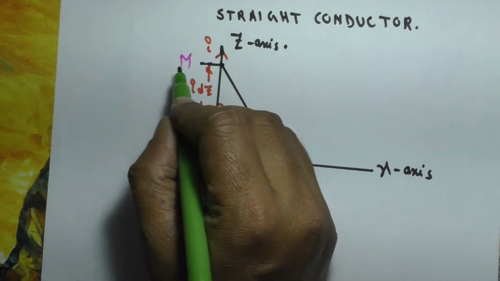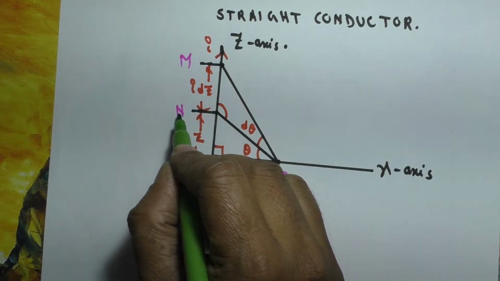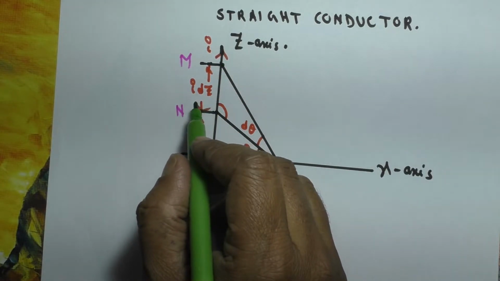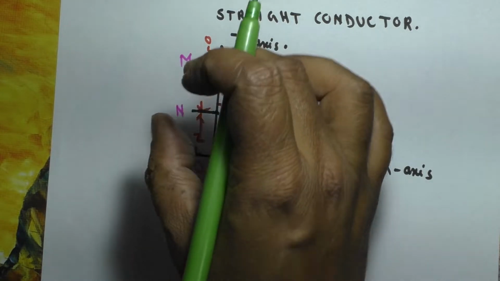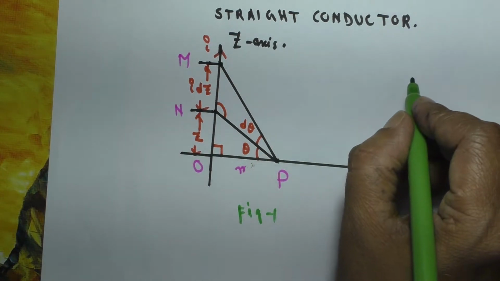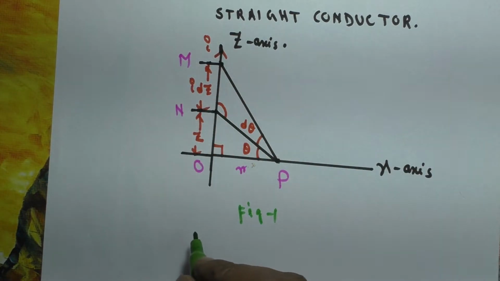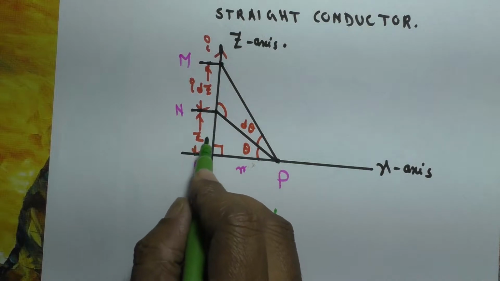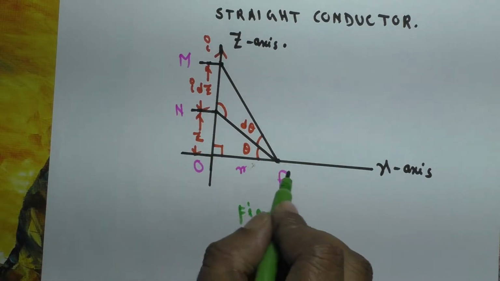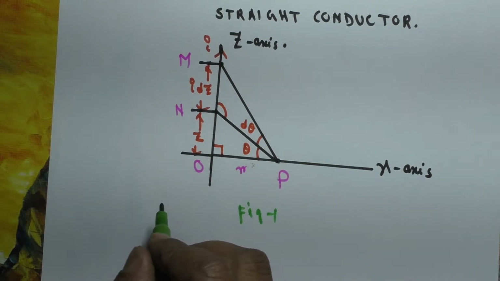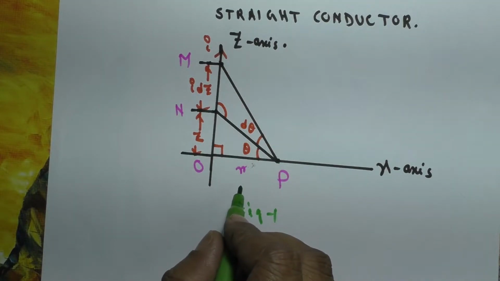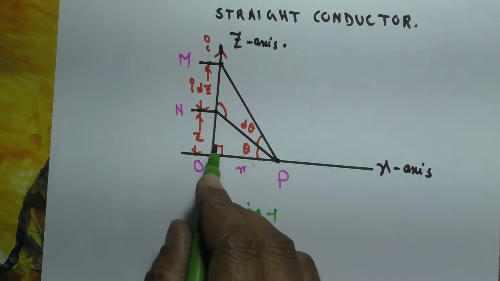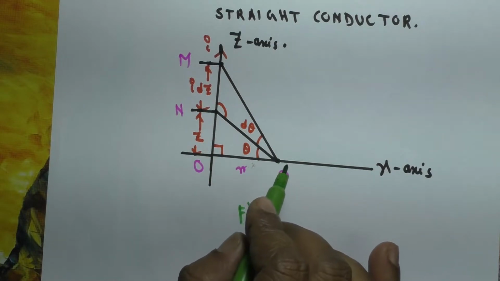And this point is M and this point is N. The length between these 2 points M and N is denoted by MN, and NO equals Z and OP equals R, and this is the 90 degree perpendicular distance between the current and the point where the magnetic field is to be calculated.